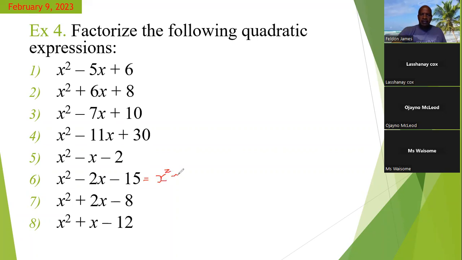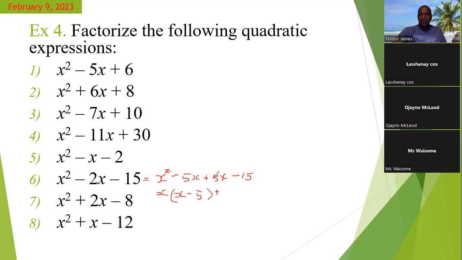So here we have negative 5x plus 3x minus 15. First pair common factor would be x. And we divide x squared by x, you're left with x. Negative 5x divided by x, you're left with negative 5.